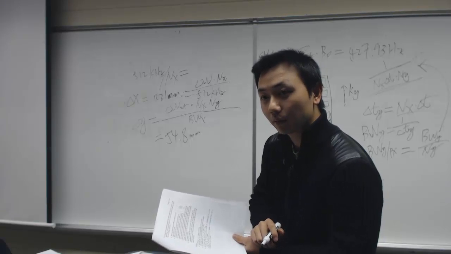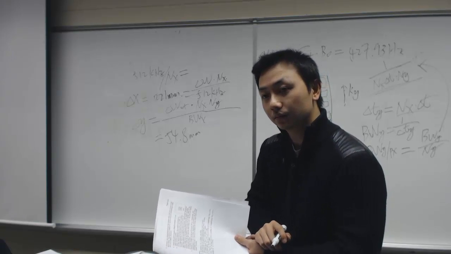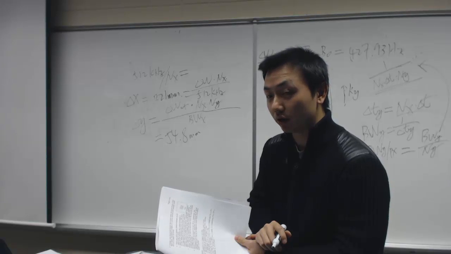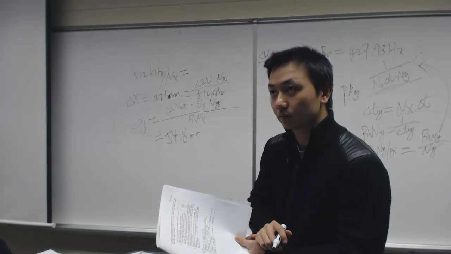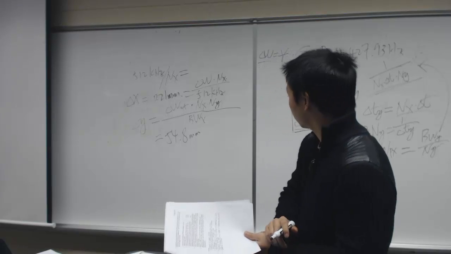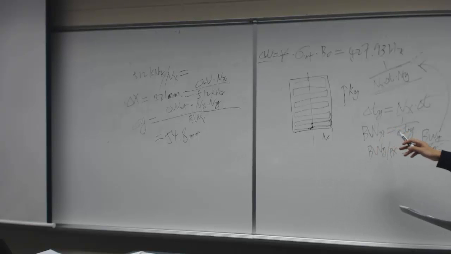I got a question here. I wrote that bandwidth y equals bandwidth x over Nx. Is that right? Bandwidth y, the total bandwidth x over Nx, because bandwidth y is 1 over t readout. So it equals 1 over Nx delta t. Yes. Okay. So delta t, what did you write? Can I? Yeah, sure.